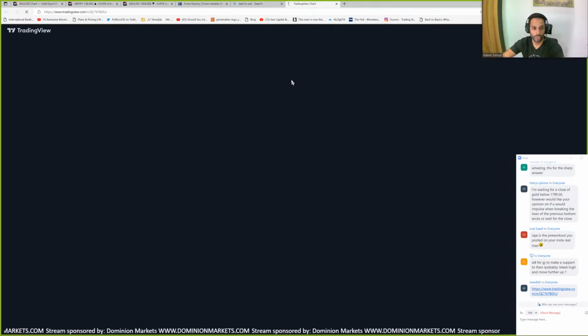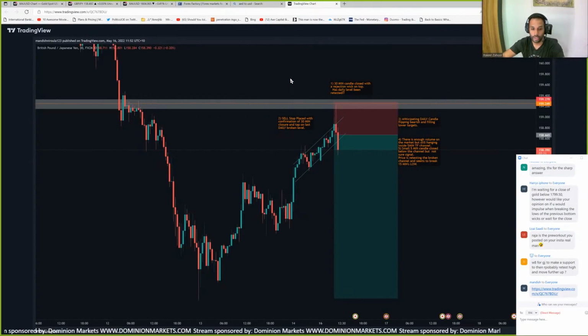Let's take a look at this chart over here sent by Manish. Pound yen. You got a sell stop below the candle. There's enough volume, but still hanging inside the 5-minute time frame channel. Now, this take profit is good, but are you securing some profits, letting a runner run? What are you trying to do?